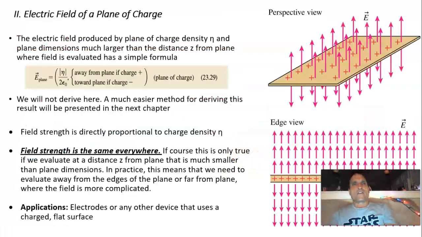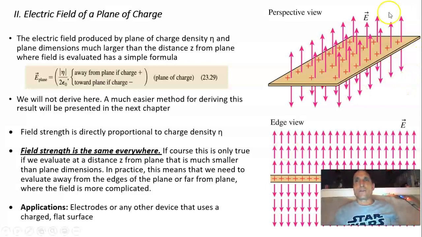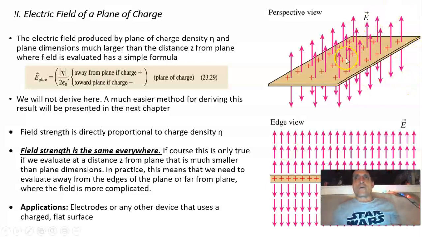So for a plane of charge, we're just going to state the solution. If you have a plane of charge here, and suppose the plane is much larger than the distance from the plane where we're evaluating the field, okay?